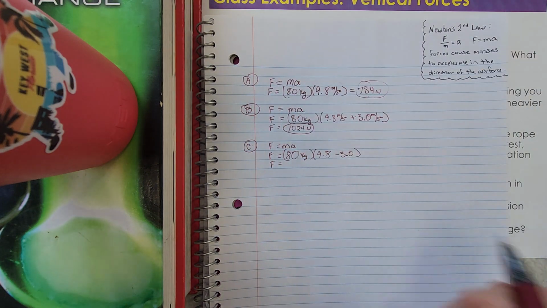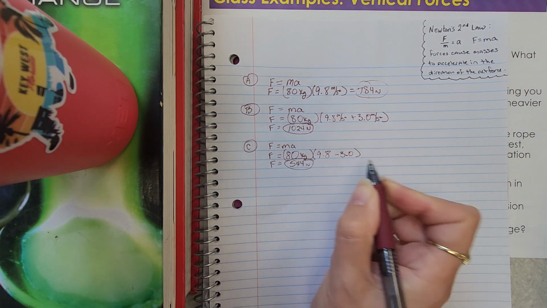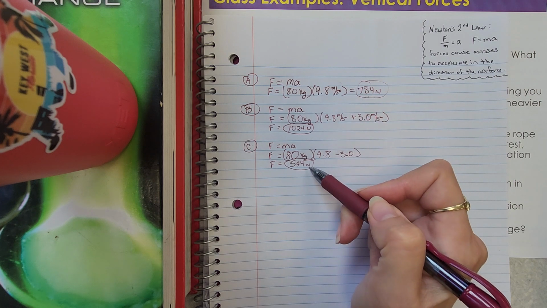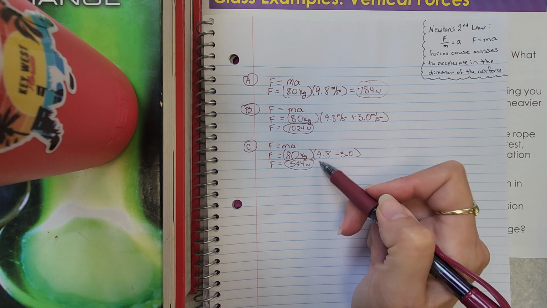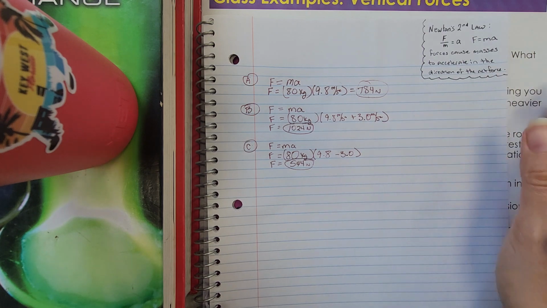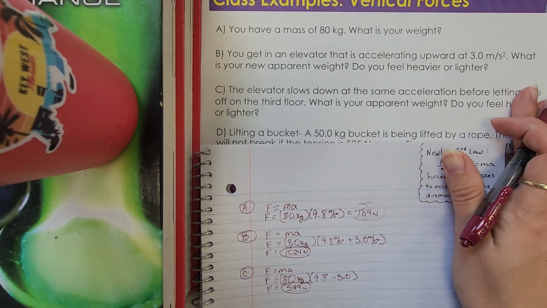We get 544. So our weight went from 784 newtons standing still to 544 newtons as we came up off the floor of the elevator, as it was going upward and it was slowing down.